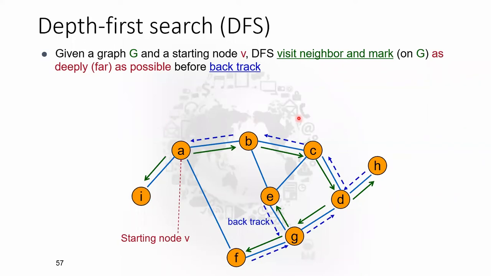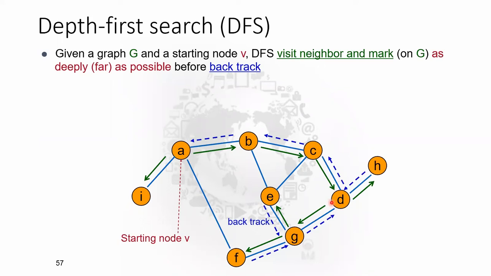So what happens in depth first search is that it goes as deep as possible, and when it cannot move any further, it does the backtrack. Every time it backtracks, it checks whether there are any nodes that have never been traveled before.